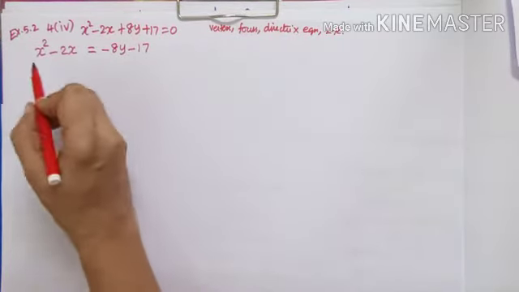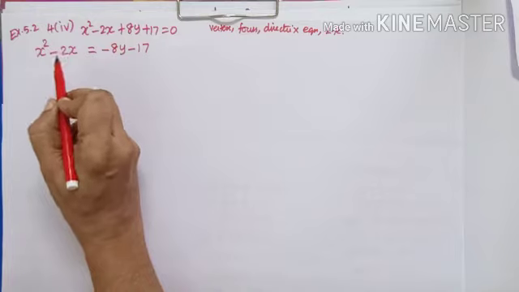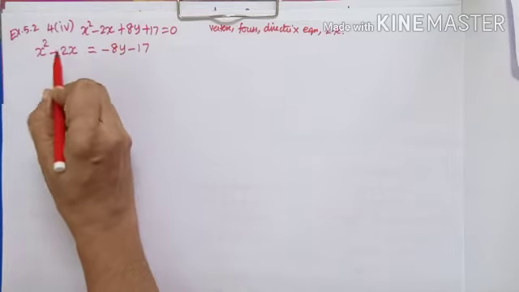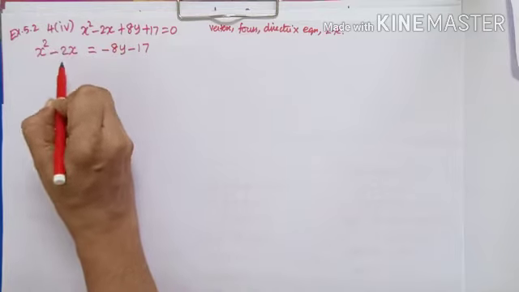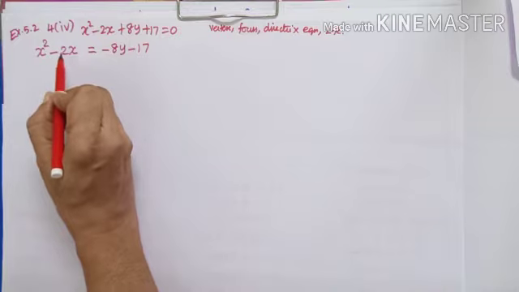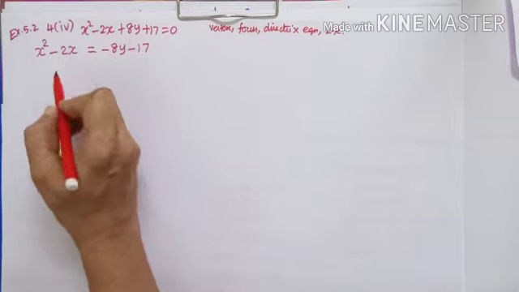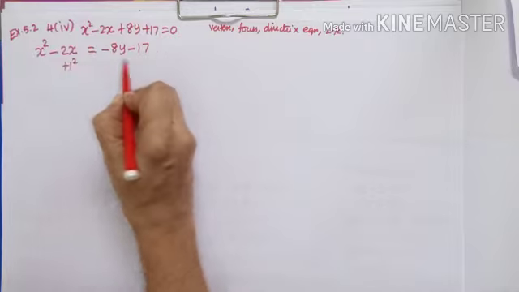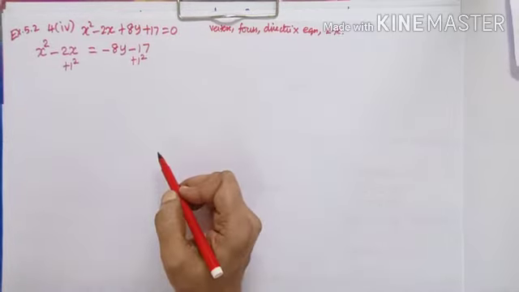The next step. I want the LHS to be a perfect square. So whatever number is here, divide by 2. 2 is the number, 2 by 2 is 1. Add 1 square on both the sides.